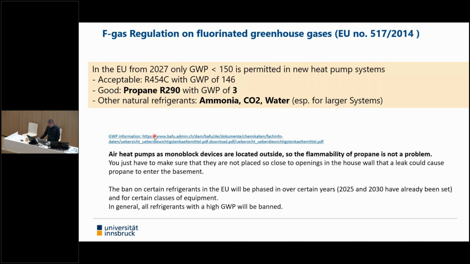Or even ammonia or water can be used as refrigerant. So if you use propane, mostly it's done with monoblock devices. I'll show you what they look like. They are completely located outside. So the flammability of propane is not a problem.